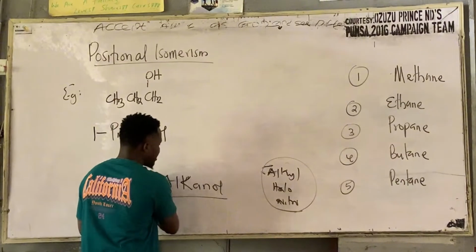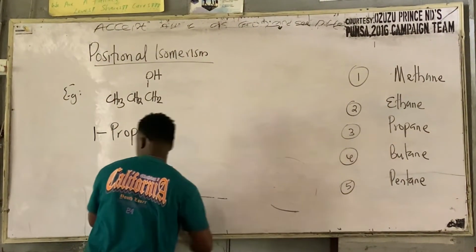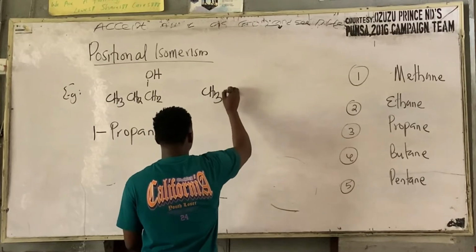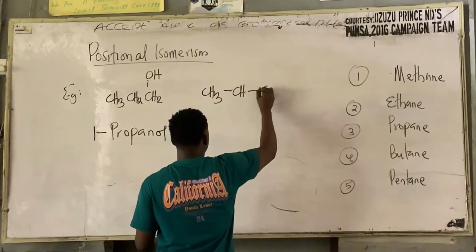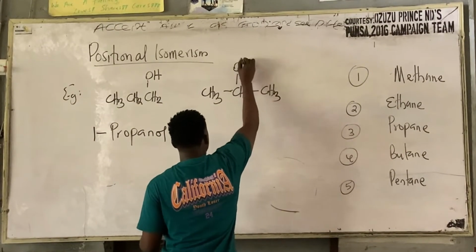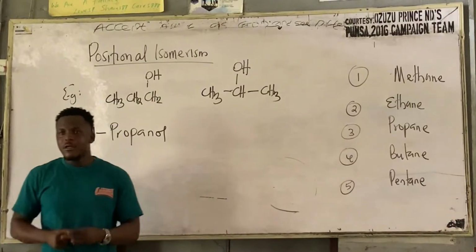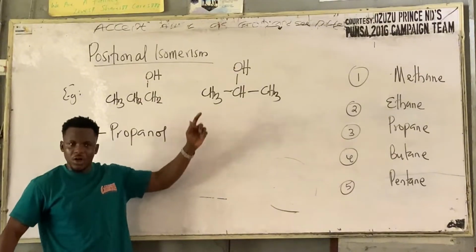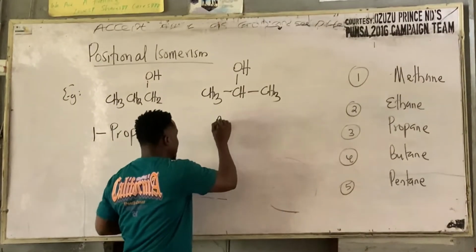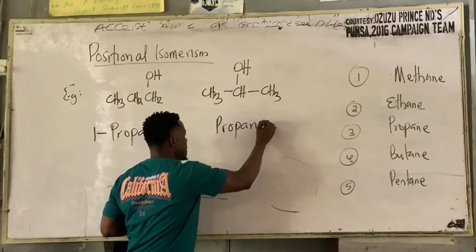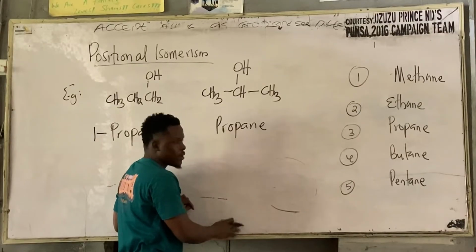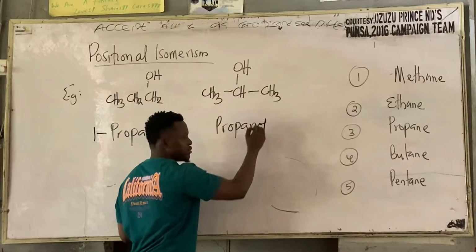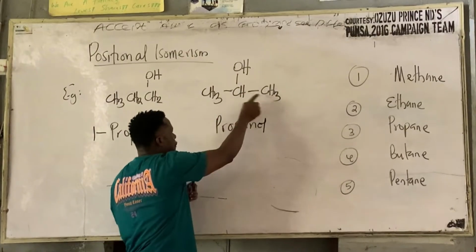So, what if I have something like this? I come here and say CH3, CH, CH3, with the OH on the middle carbon. This is propan-2-ol, because a 3-carbon alkane is still going to be named as propane. The OH is at position number 2.